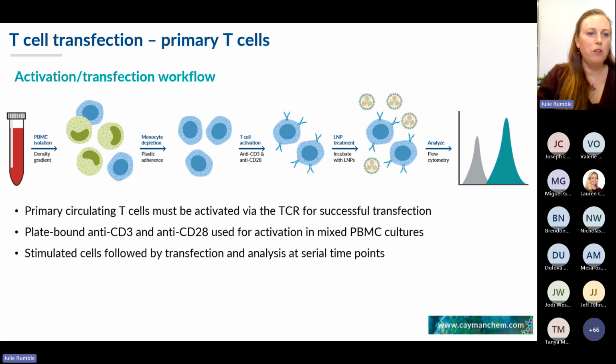In our workflow, after enriching the PBMC population, we depleted monocytes by adherence to plastic and activated the remaining cells using plate-bound anti-CD3 and anti-CD28. Our first experiment aimed to establish the appropriate timing for activation and transfection of these cells.